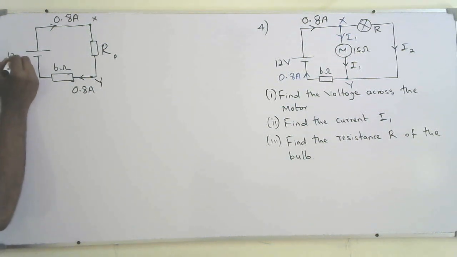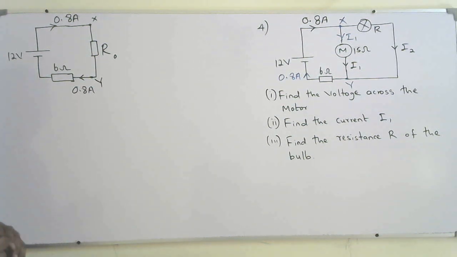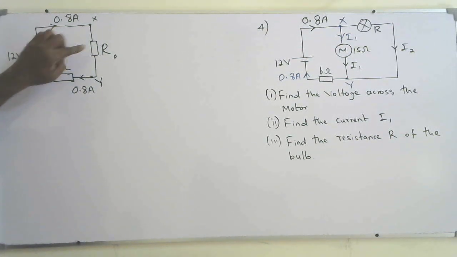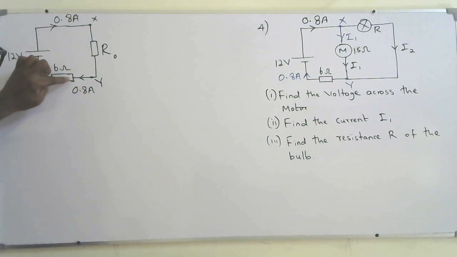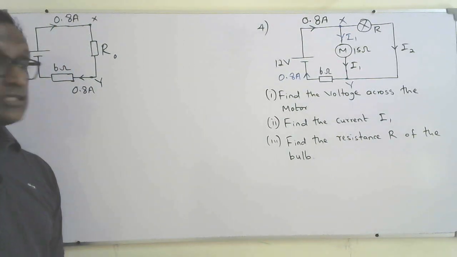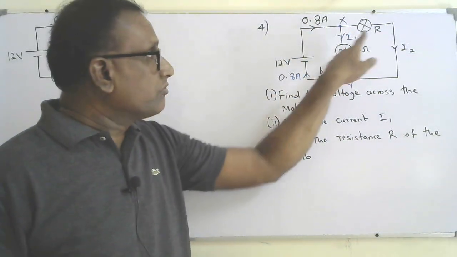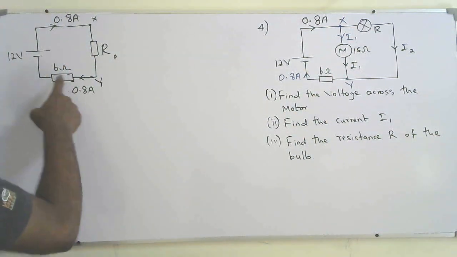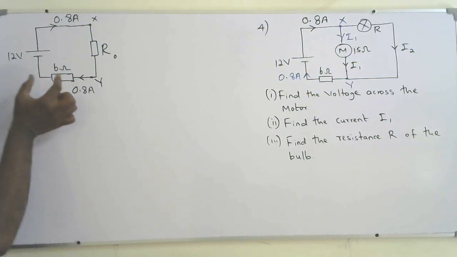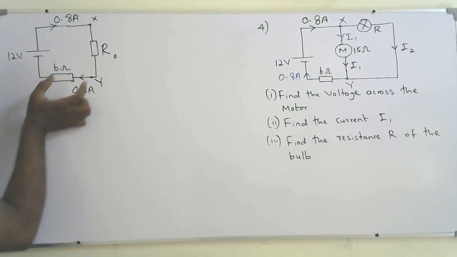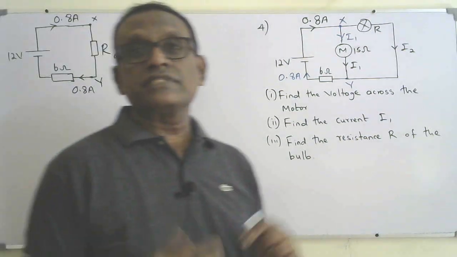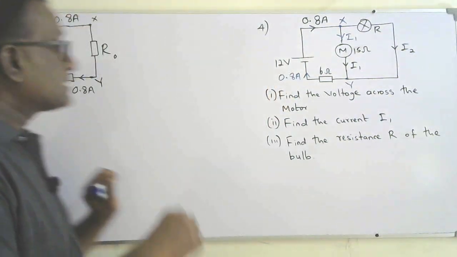This is 12 volt. Now you can see that between the 6 ohm resistor and R naught there are no junctions or branches. So they are in series. So voltage across this one plus voltage across this one must be equal to 12 according to Kirchhoff's second law in a closed circuit like this.